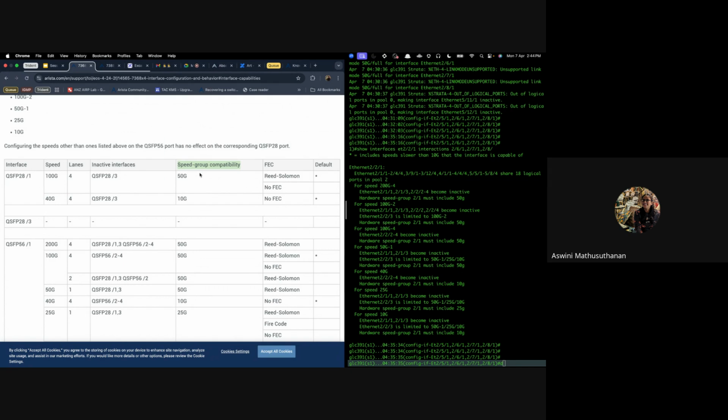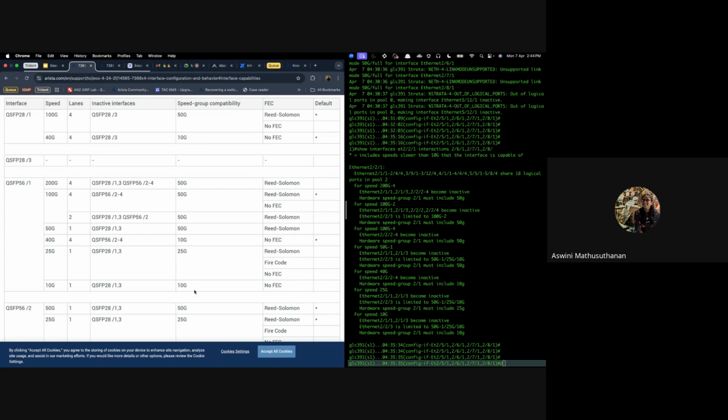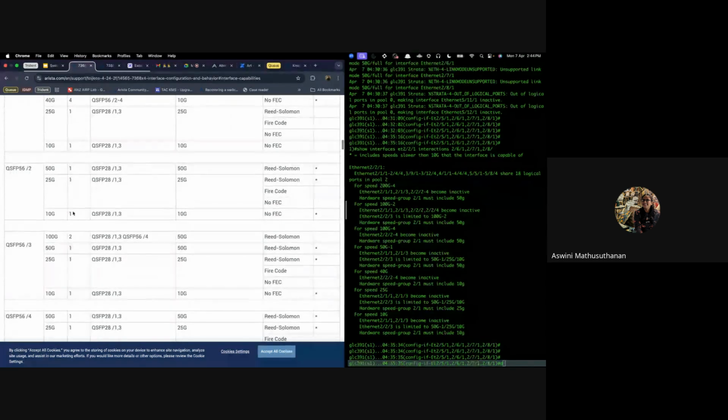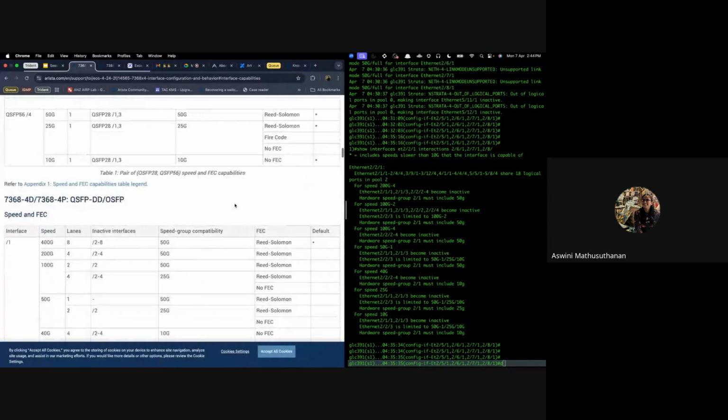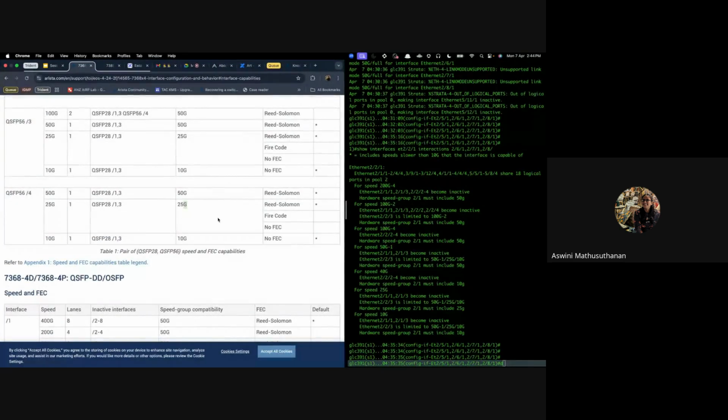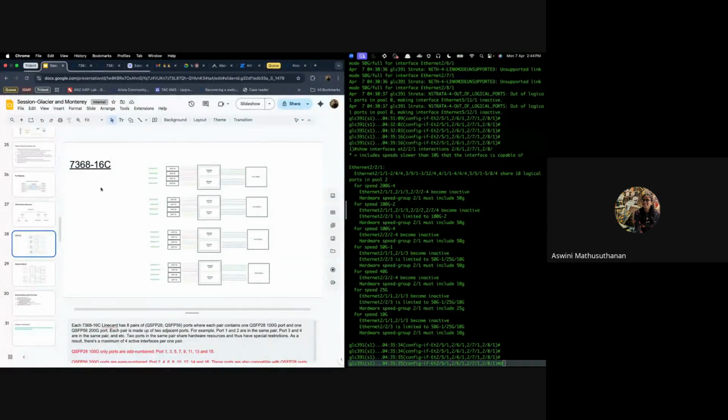When we do hardware speed group status, we're going to see the SerDes speed, so this is going to be small g, not the capital G. The compatibility speeds are all small g. It's wrong in the TOI. Maybe we need to change it. That's it for this 73, 68, 16C. Just let me know if you're good with this, or if you need to look at more speeds, then we can check here now.